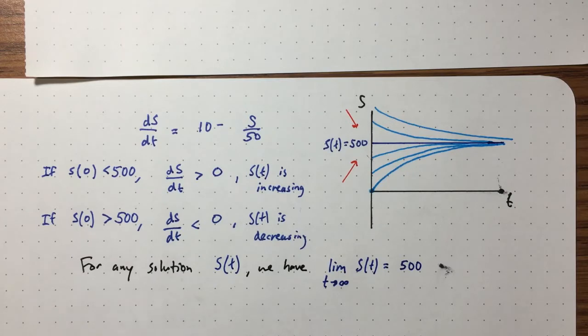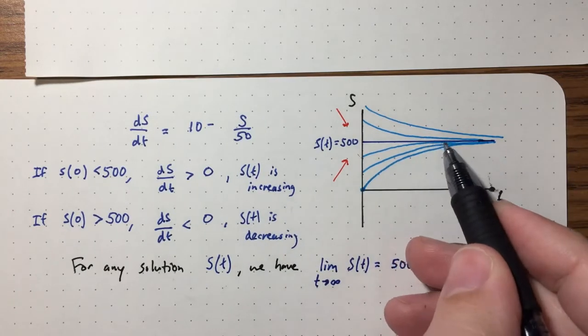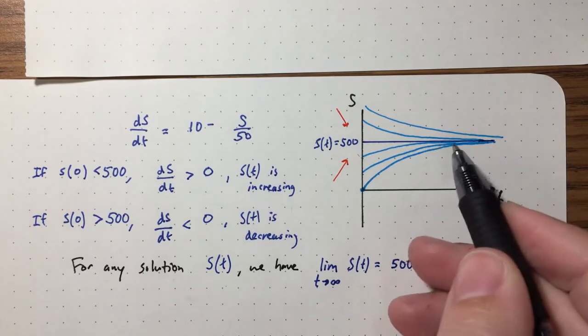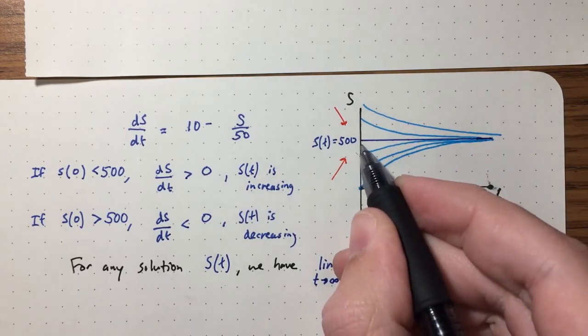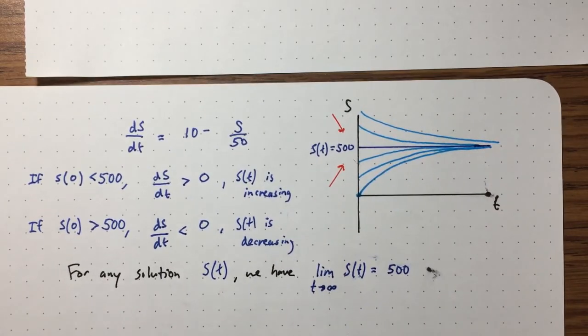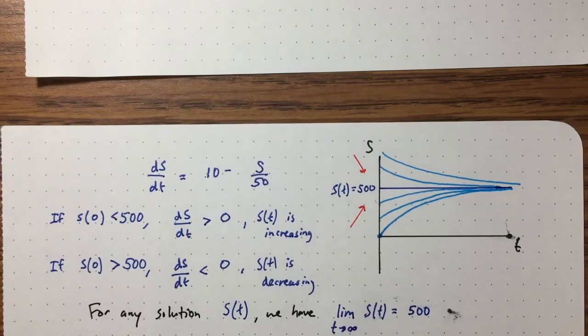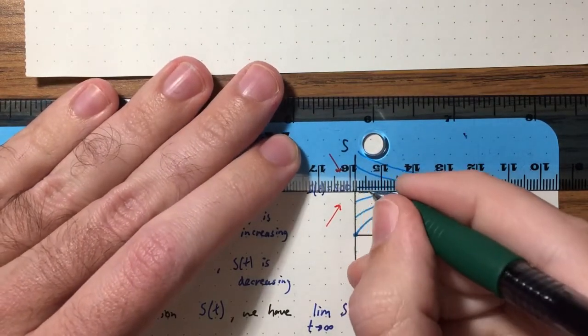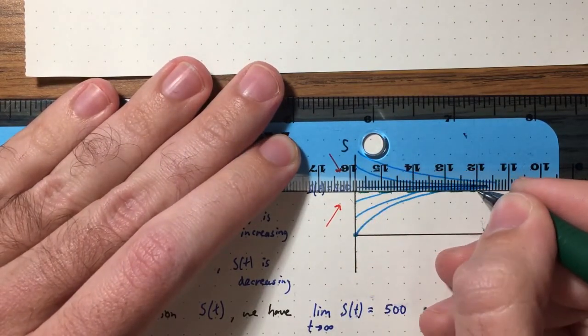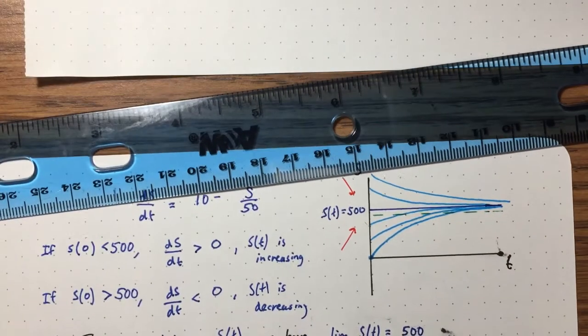And really quick, I just want to justify why it really has to approach this equilibrium solution. So if you pick any line here, let's say I pick this horizontal line that's a little bit less.